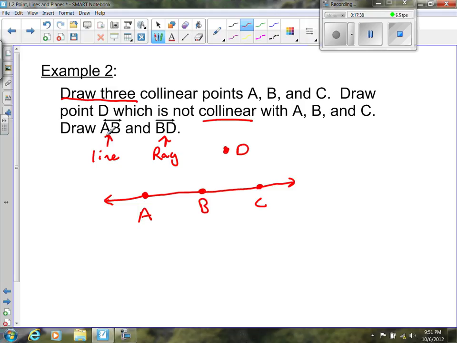Just 2, 1, 2, because I knew that third one would hit anyways. I just need 2 points when I'm labeling a line. And ray BD. Now, does that go this way, starting at D, or starting at B and going towards D? B is my initial point. It started there, goes through. And that's the picture they wanted us to draw.